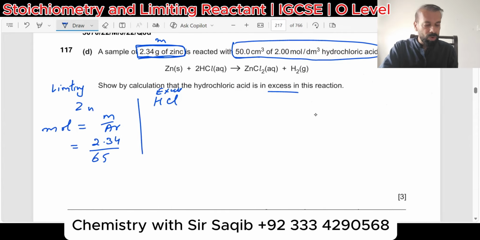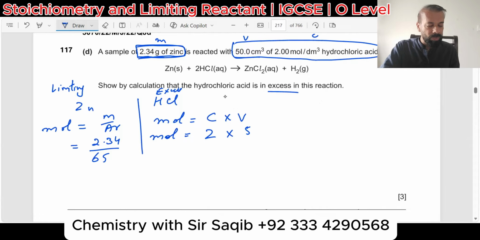For HCl, you are given volume and concentration, so you will use another formula: mole is equal to C times V. C is 2 multiplied by 50 over 1000.